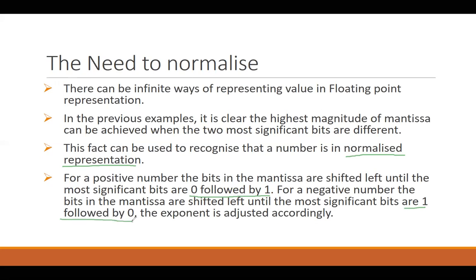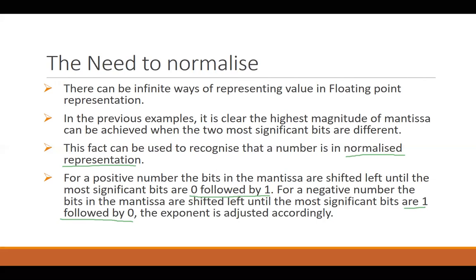So we would not just randomly place the point anywhere in the value, but we would find where the values have their first pair of alternating, opposite bits, and only there we would place the binary point.